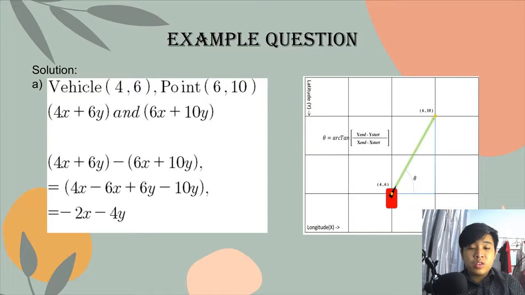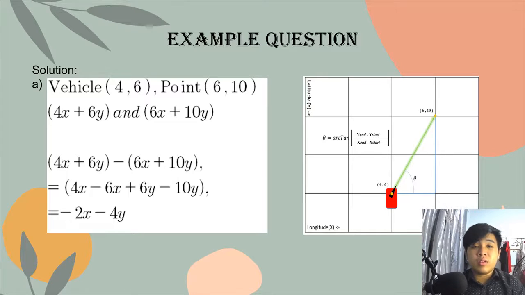Question A. Since they both have their own vector, we can convert them into xy form, which I told you earlier. Each element can be replaced with its own letter. The element in vector 1, element 1 is 4, while element 2 is 6.